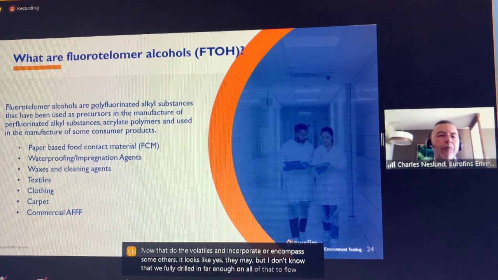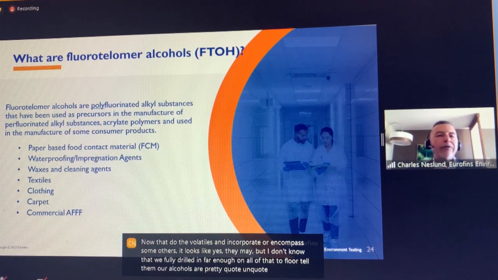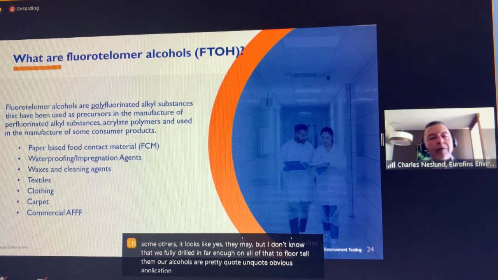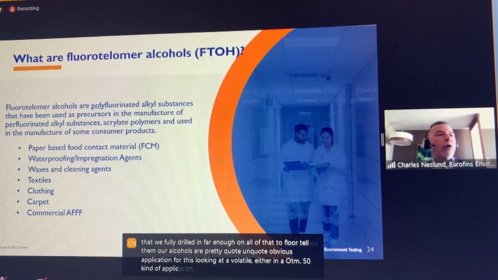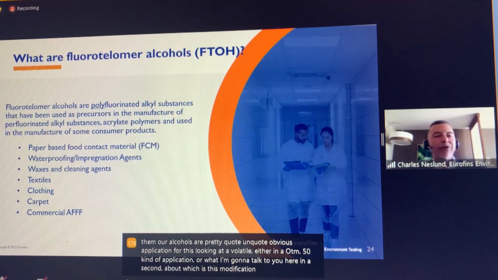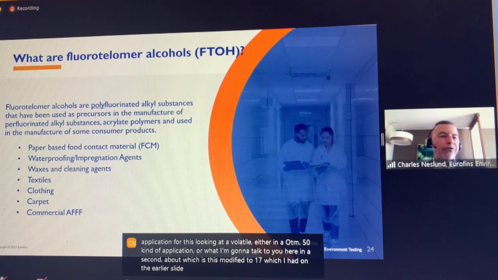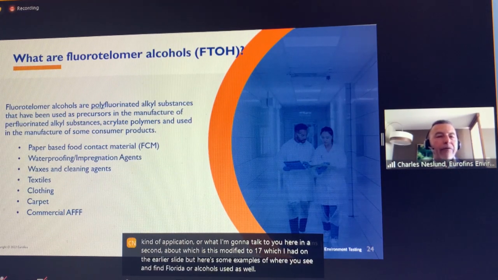The fluorotelomer alcohols are a pretty quote-unquote obvious application for this, looking at volatiles either in an OTM 50 kind of application, or what I'm going to talk to you about in a second, this modified TO17, which I had on the earlier slide. Here are some examples of where you find fluorotelomer alcohols used, as well as in the manufacture of acrylate polymers.